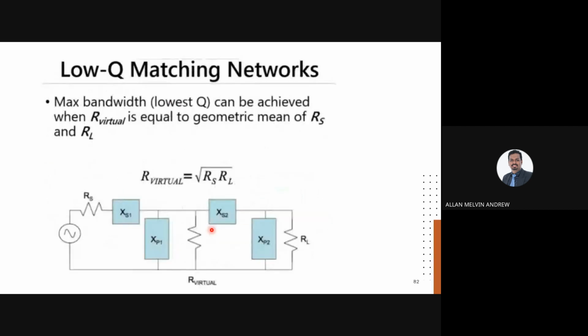But for the Q network, you can see it will pass by one element, then you have a virtual resistance, then you have another, a similar concept. So this is one end to end, and this is another end to end. It's considered like a series.